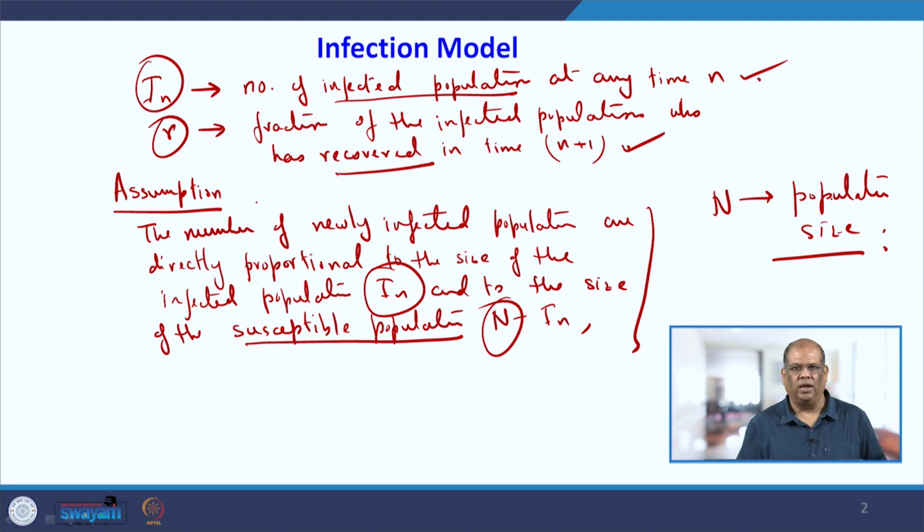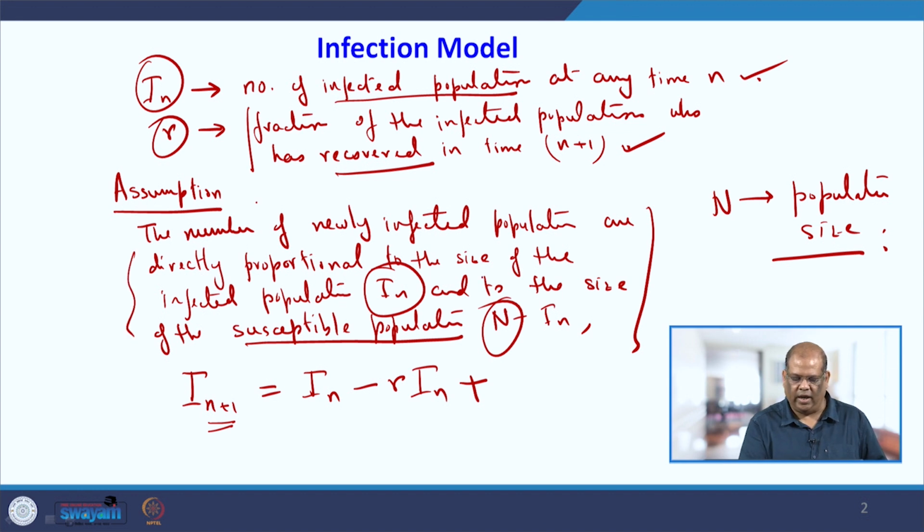If you want to model this in the discrete case, I will write I_{n+1}, the number of infected population at time n plus 1, which is equal to I_n, the infected population at time n, minus R times I_n, the fraction that has been recovered in time n plus 1, and then the newly infected population, which depends on the law that it is directly proportional to I_n and to the size of the susceptible population.